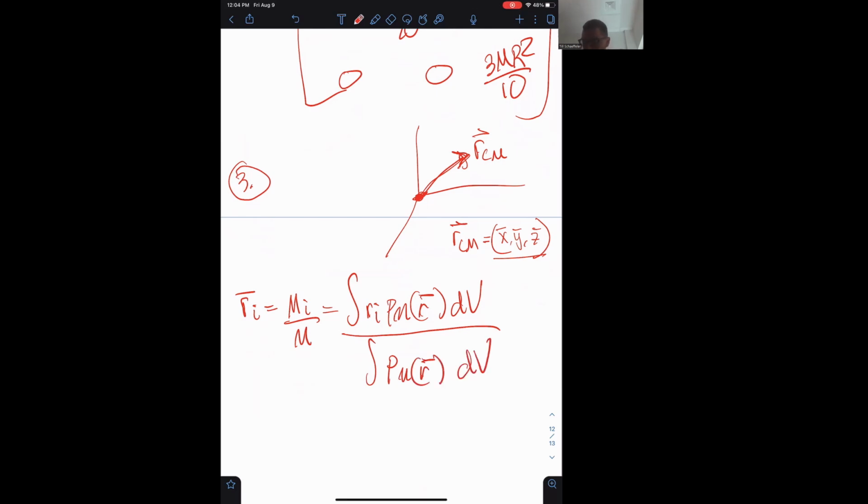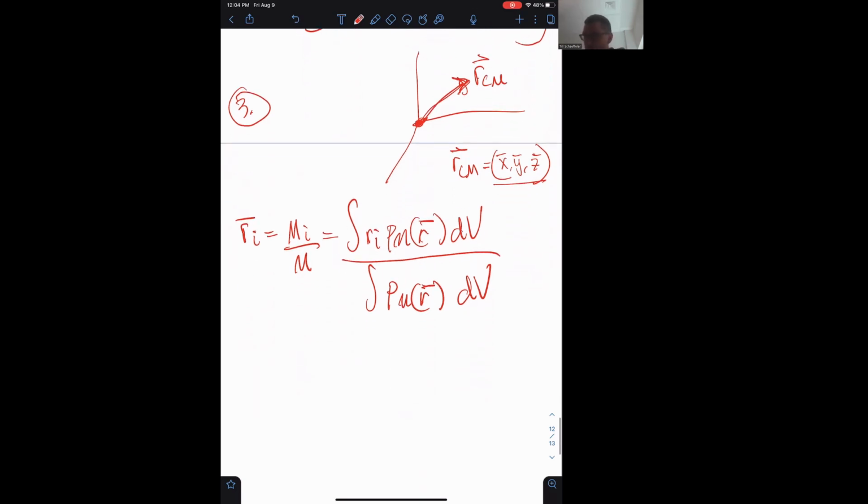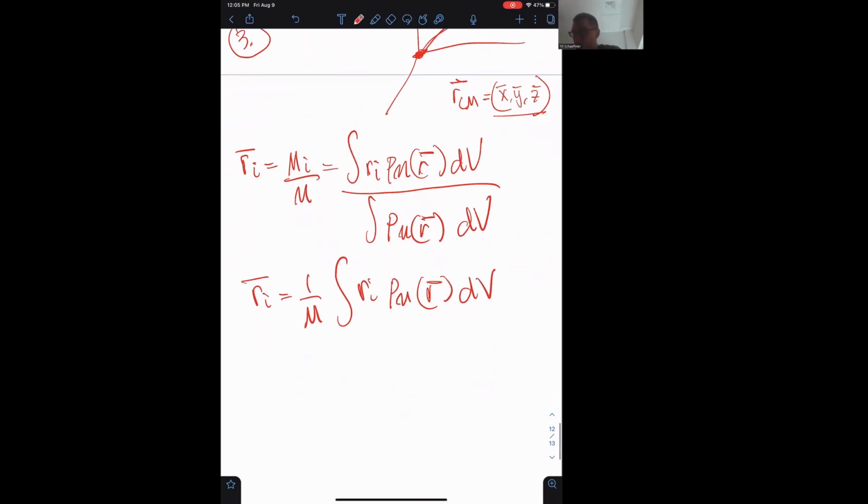But because we're dealing with an evenly distributed mass, a homogeneous density distribution, this is always just going to be M. So really we can simplify this formula to be 1 over M times the integral of R_i dm. Yeah. So let's do that.